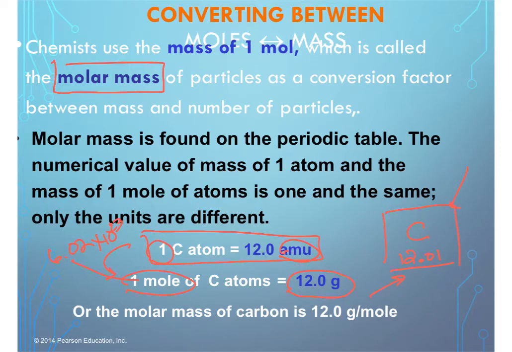So this is on purpose, y'all. Whatever the mass is on the periodic table, that number, 12.0 for carbon, is the mass of one single carbon atom, one single whatever the element is, in units of AMU. Or if you have a mole of those atoms, it's that same value but with different units, so grams.